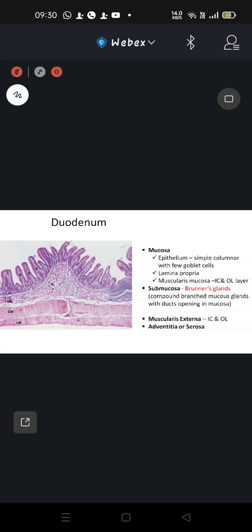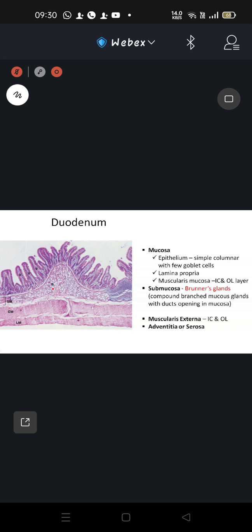And you can see here the lining epithelium, which has these broad villi. These broad villi have an intervillar space with a straighter gland, and also in the submucosa we have the mucus secreting Brunner's glands, and the ducts of these glands open into the intervillar space and traverse through the muscularis mucosae in their course.